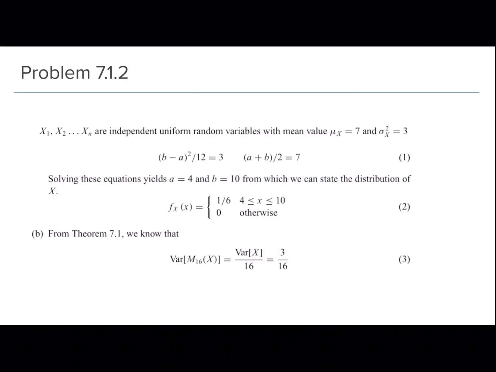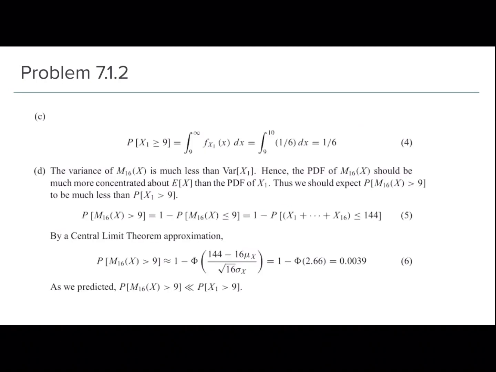So I wanted to take a minute to think about this, and you could also try drawing some graphs. Since M16X has a lesser variance than X1, I think it's safe to say intuitively that M16 of X will have a lesser portion of the curve beyond 9.